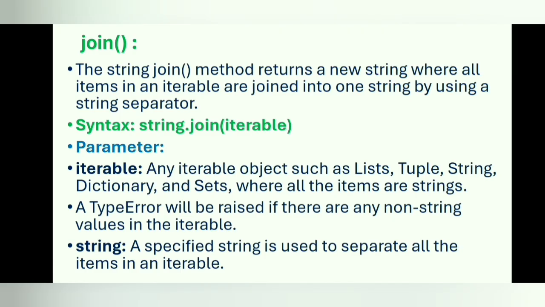String: a specified string is used to separate all the items in an iterable. It is a string which is used as a separator. It separates individual items of an iterable when the method joins all the items in an iterable into one string.